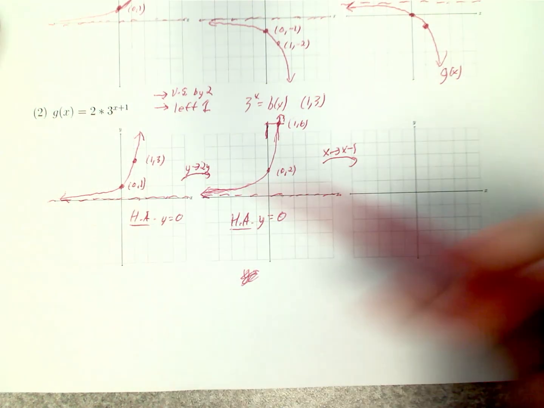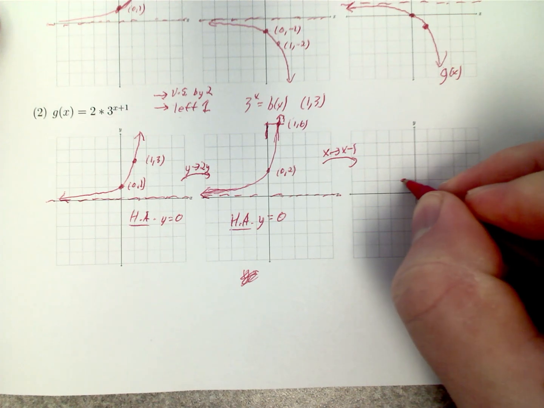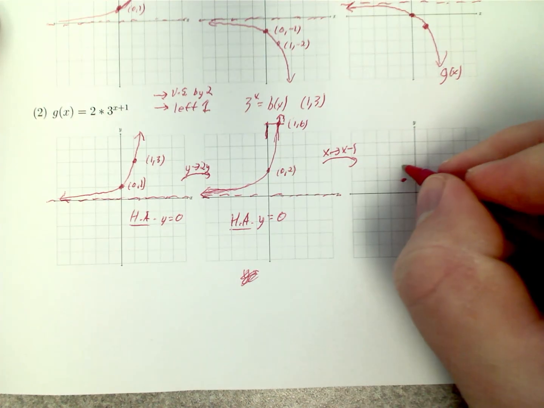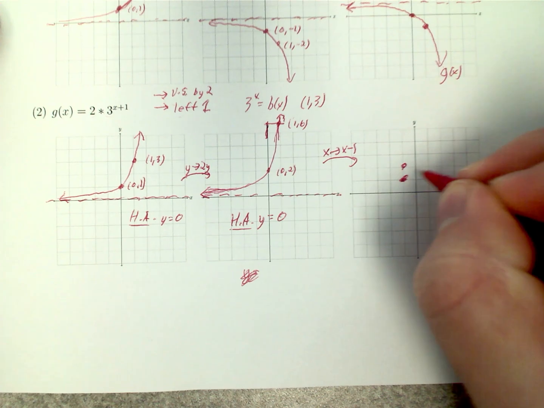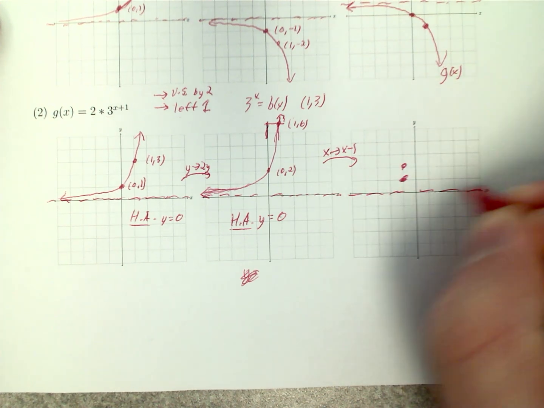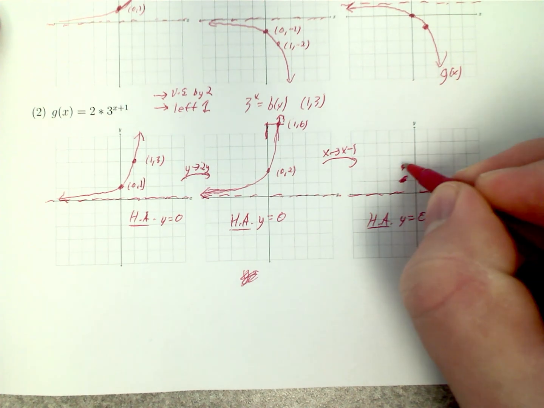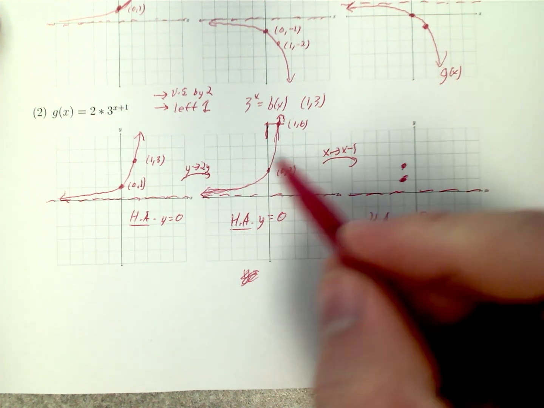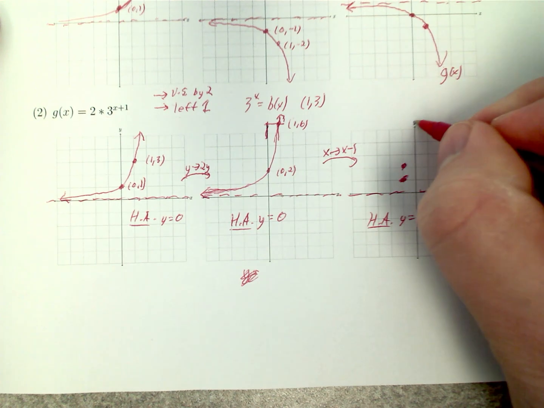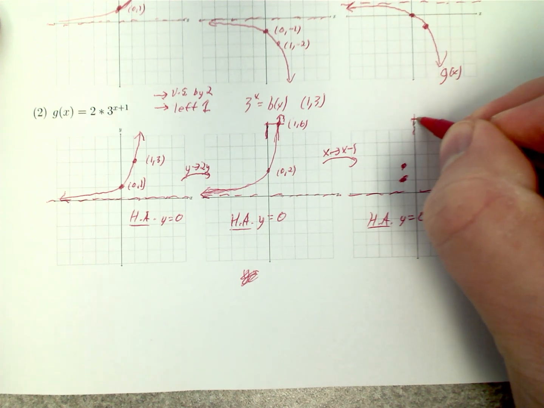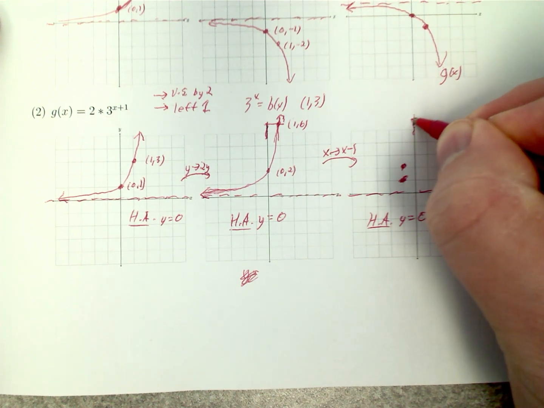So instead of 0, 2, it's going to be negative 1, 2, with the horizontal asymptote at y equals 0. And instead of 1, 6, it's going to be 0, 6.